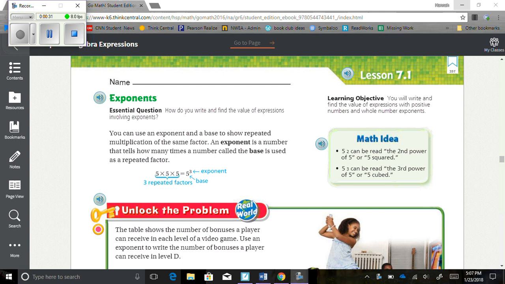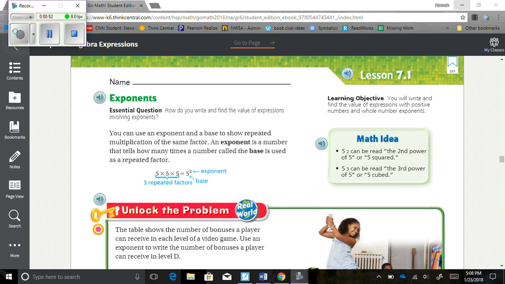You can use an exponent and a base to show repeated multiplication of the same factor. An exponent is a number that tells how many times a number, called the base, is used as a repeated factor. For example, there it shows 5 times 5 times 5. There's 3 repeating factors because that 5 is multiplied 3 times.